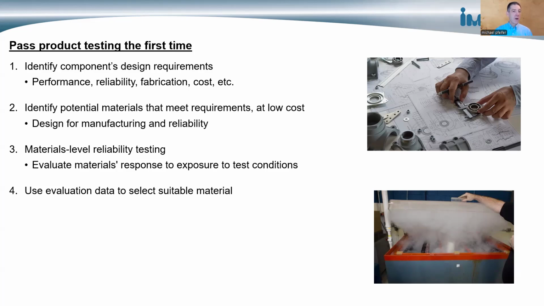The conditions are more aggressive than previous products, and you might think that you have to go to a different material because the old material that had been used in past products wasn't going to work out. So you might not, again, do this process for every single material in a product, just for critical components.